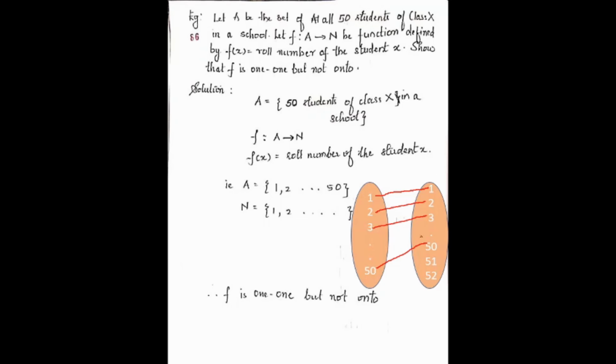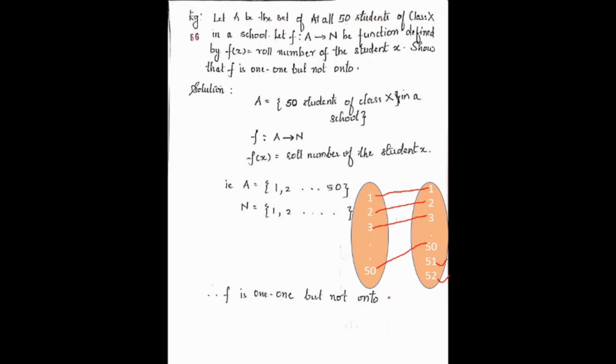No, because set A consists of only 50 students. So only for 50 students we have distinct images. Here 51, 52 are left out. So we can say this is one-one but not onto. Did you all understand?